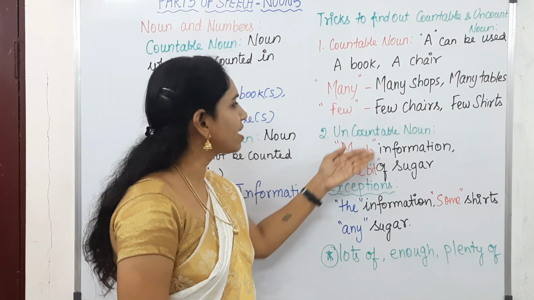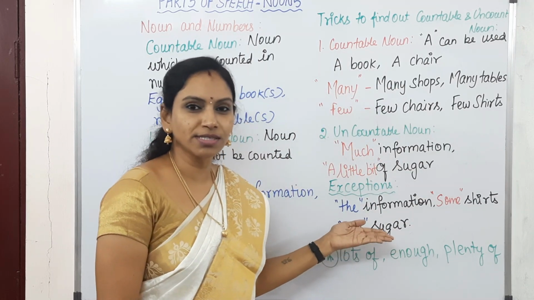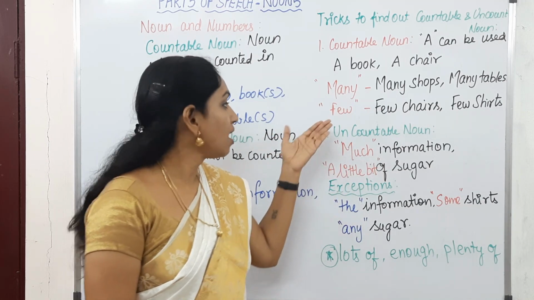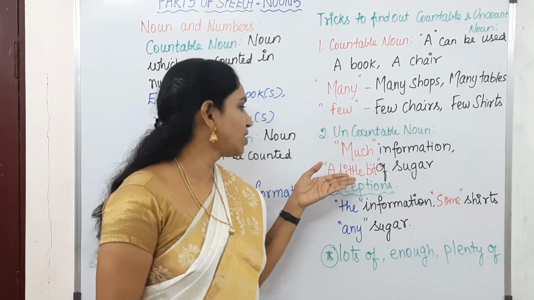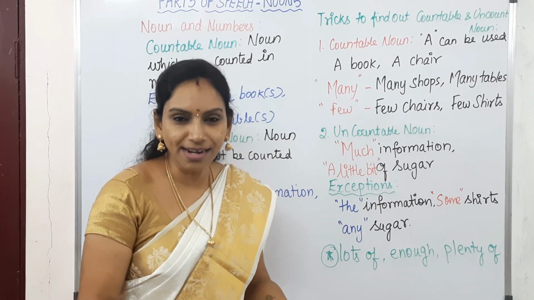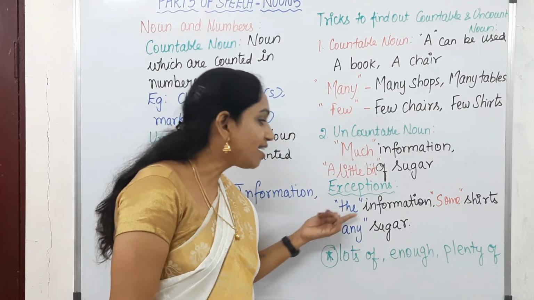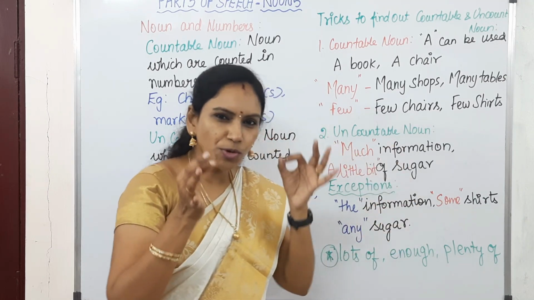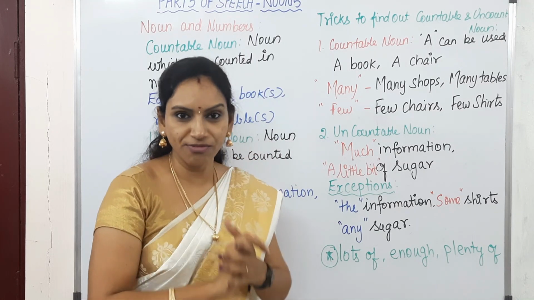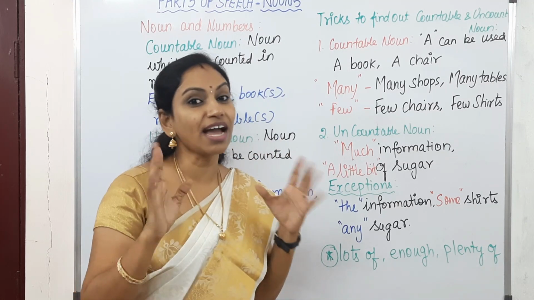No need of using all these complicated words. In such a case, no need to use many, no need to use few, no need to use much, no need to use little bit. Instead, you can use the information. If the is there before information, you can write it as uncountable noun.